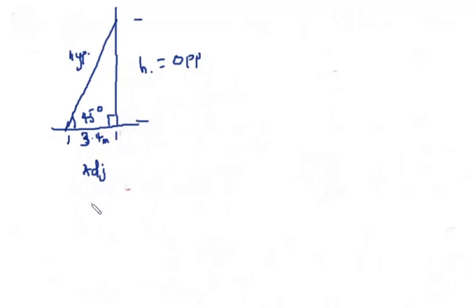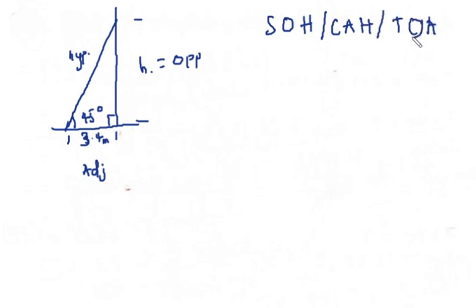From SOHCAHTOA, the trig ratio that relates opposite and adjacent is tan. So tan theta equals opposite over adjacent.